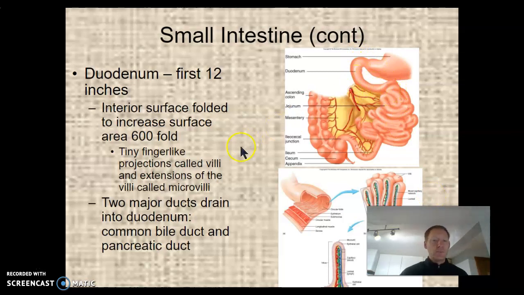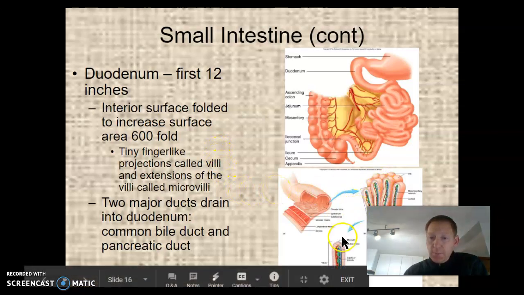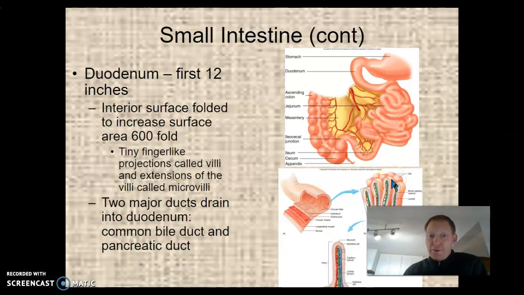So that first section. And what you will see inside the surface of the small intestine is that there are these small projections on the inside. We call these projections villi, and even if you zoom in at a microscopic level, there are little finger-like structures on the finger-like structures.